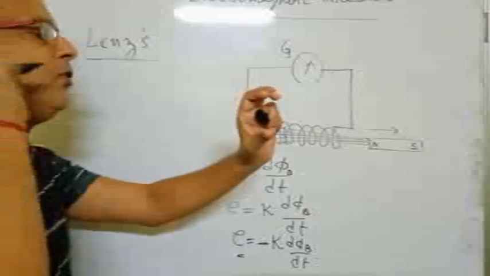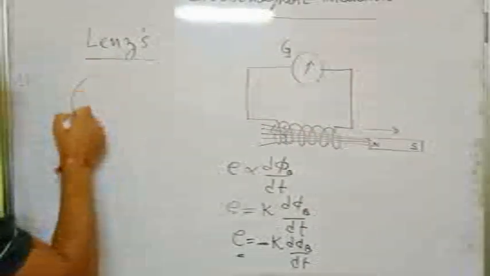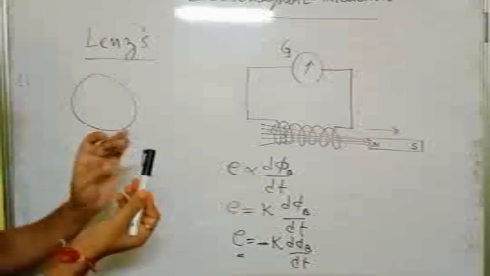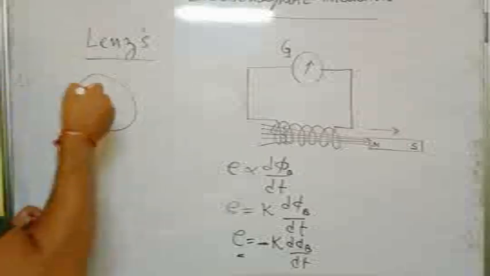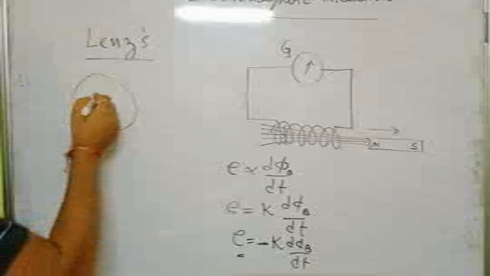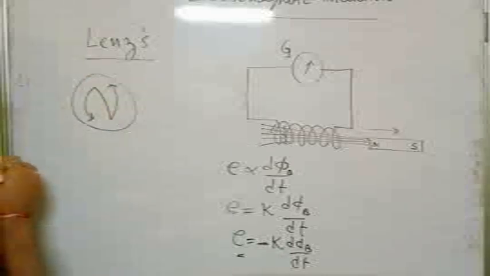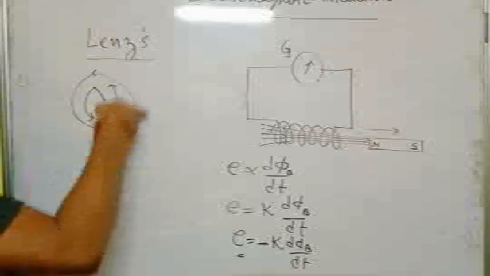Suppose this is the north pole of the magnet, and you move it towards the coil. A north pole is created in the coil itself. In other words, the current is moving in the anti-clockwise direction.